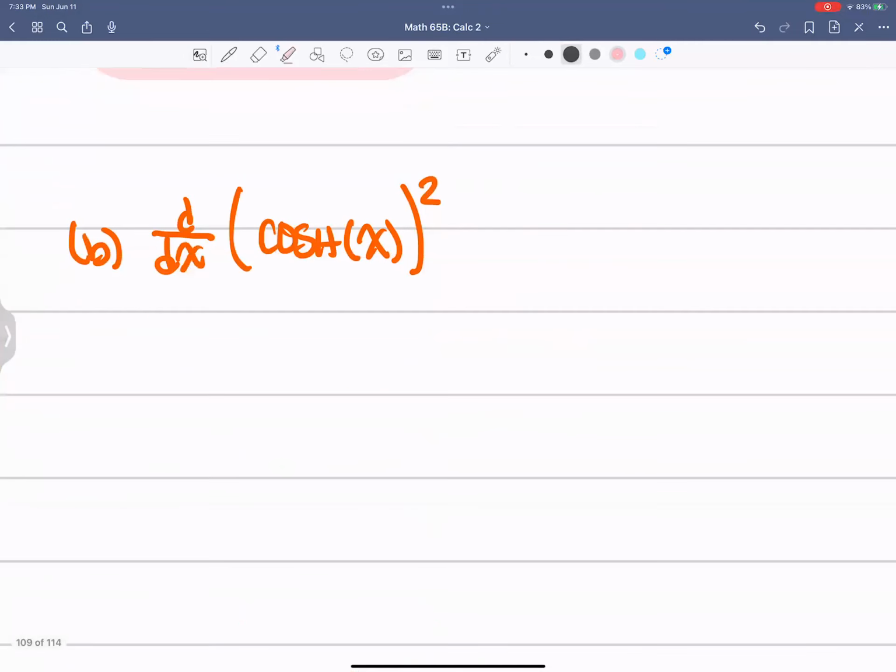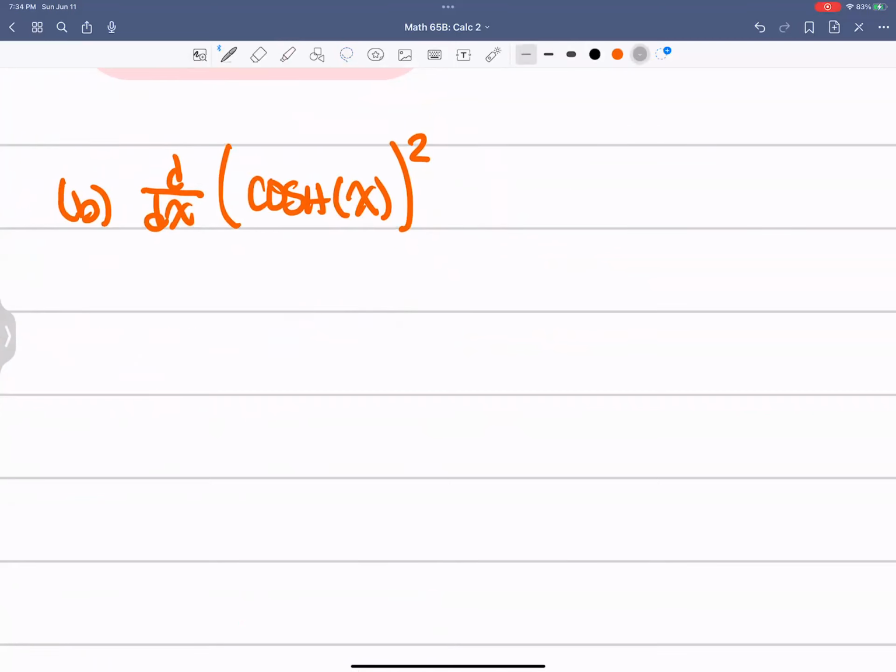Now let's take a look at cosine. So we're differentiating with respect to x. This time we have cosh, so we have e to the x plus e to the negative x over 2, and we're squaring this function.